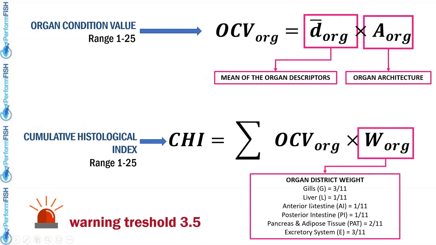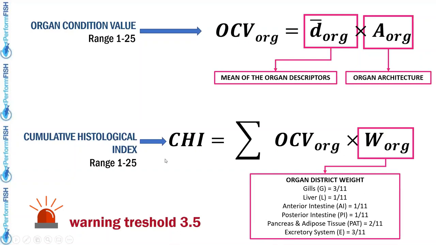And as you already saw in the past presentation, this index, the cumulative histological index, is between 1 and 25, but we have set a threshold at 3.5.